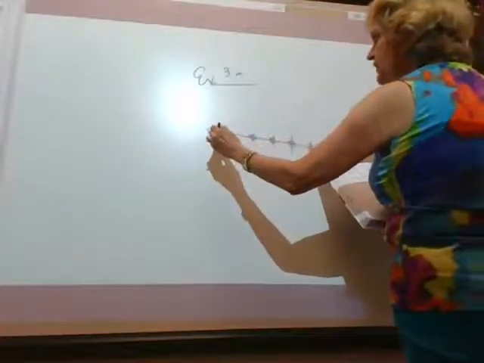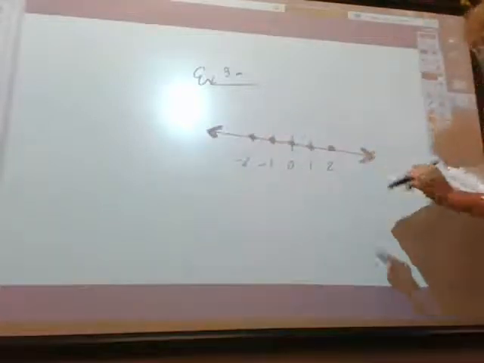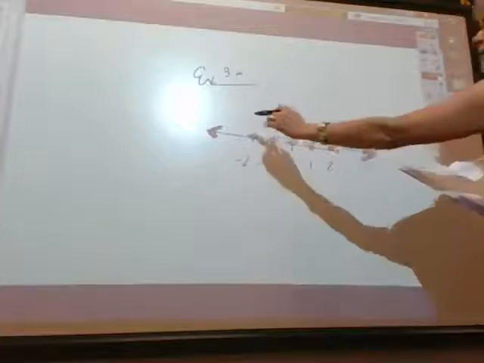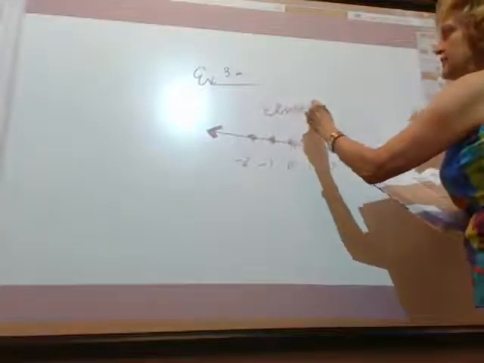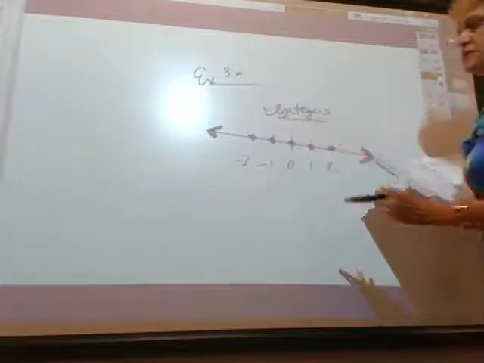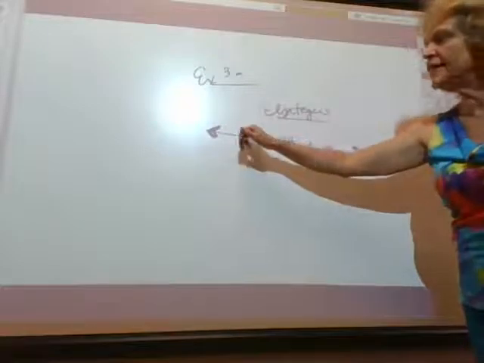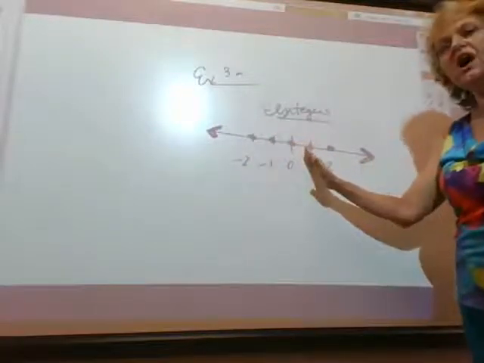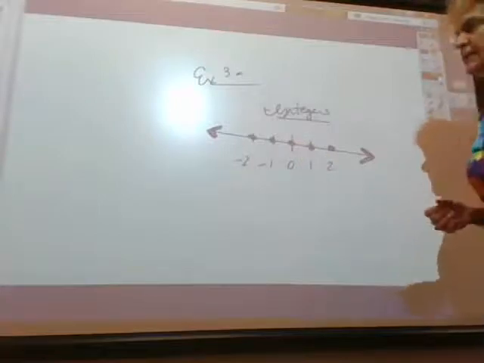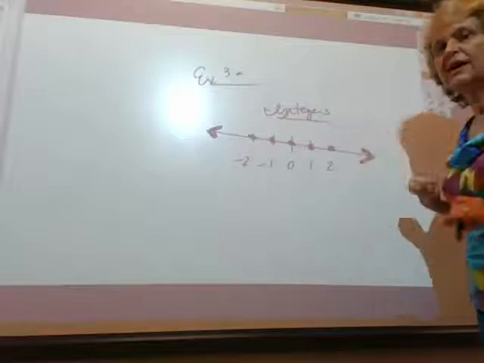And then you want to darken the arrows because this goes on forever. But I don't want a solid line, because I'm just supposed to graph on the number line the set of integers. So if I just want integers, I don't want 1/2. I don't want -2 1/3. I just want the integers. I want dots on at least 3, and I want the arrows darkened because it goes on forever.